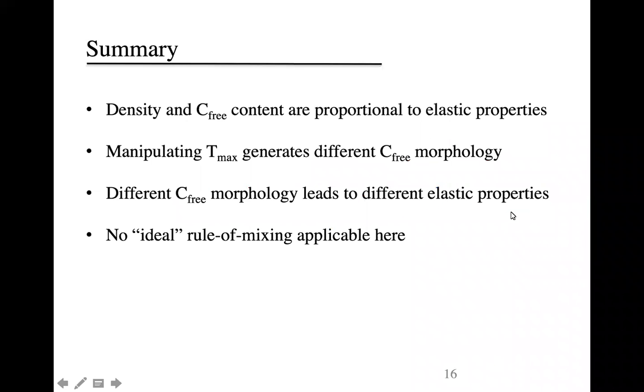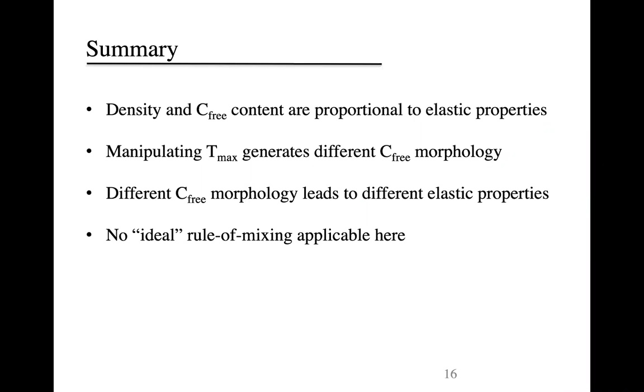So in summary, we find that density and free carbon content are proportional to elastic properties. Increasing density or increasing free carbon content by themselves increases the values of the elastic properties.